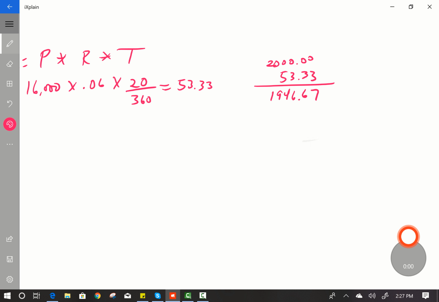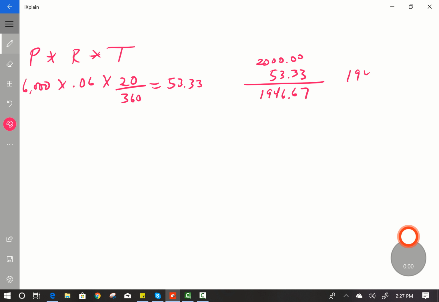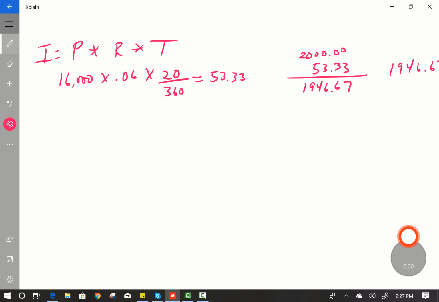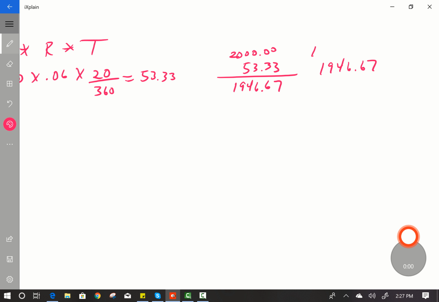Then I'm going to subtract $1946.67 from the beginning balance of $16,000. So my adjusted balance is $14,053.33. So that's the adjusted balance so far.